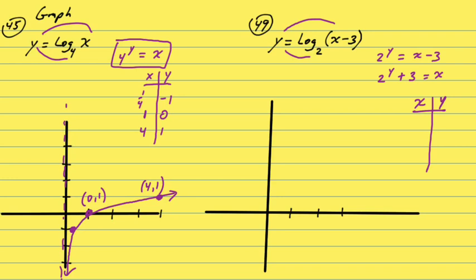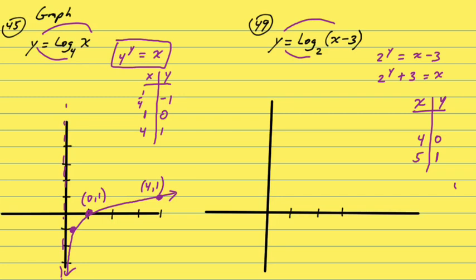How about if y is 0? That'd be 2 to the 0, which is 1 plus 3 makes 4. I'm sorry, I wrote it wrong. If y is 0, what would x be? 4. What if y is 1? What would you get? 2 to the 1 is 2, plus 3 is 5.